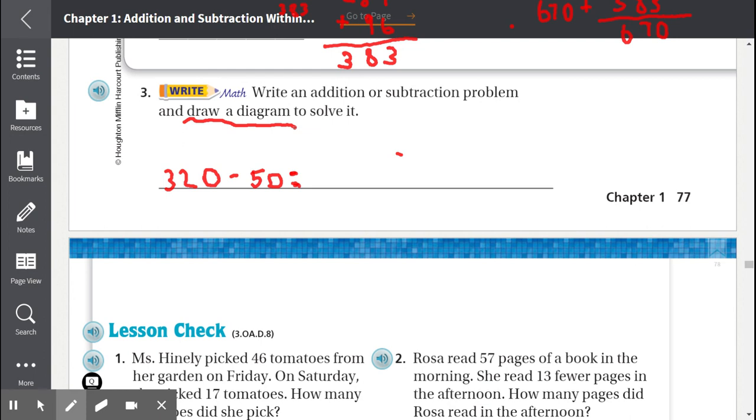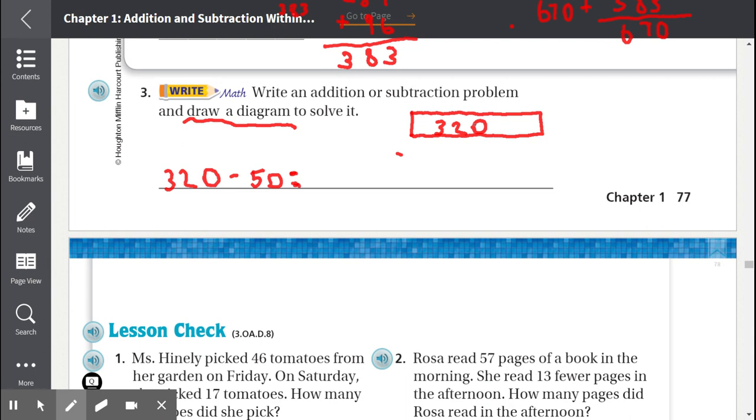Let's start drawing our bar model. We have 320 minus 50.